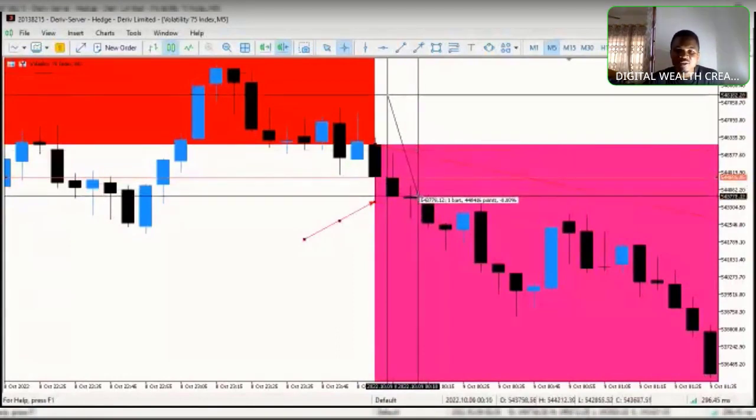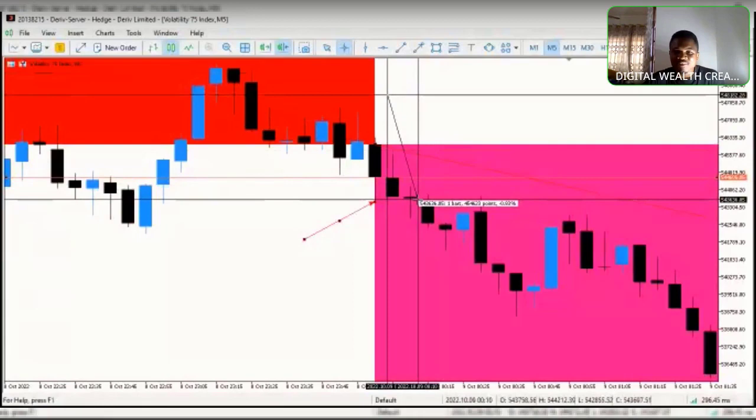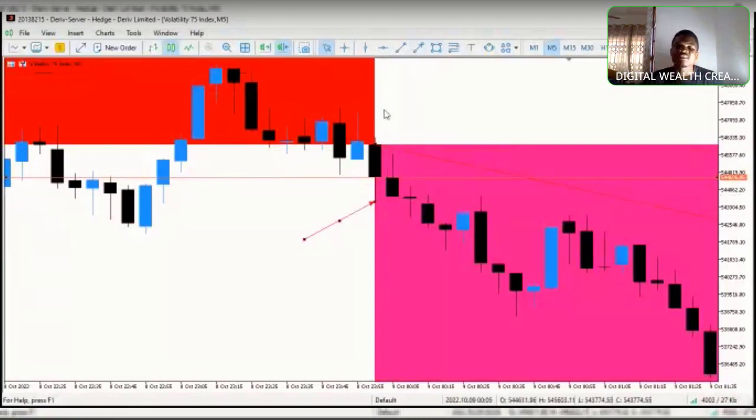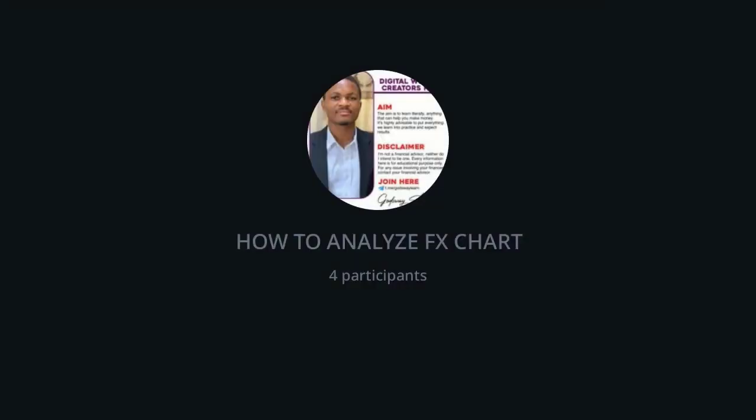This is like 4,000 plus. It's too big for you to use, right? I use a maximum of 3,500, and depending on the lot size that I use, that will cost me a maximum of $15.